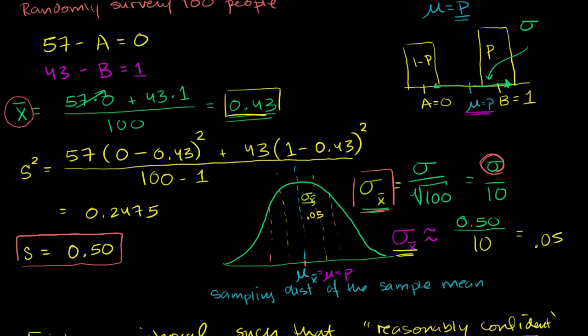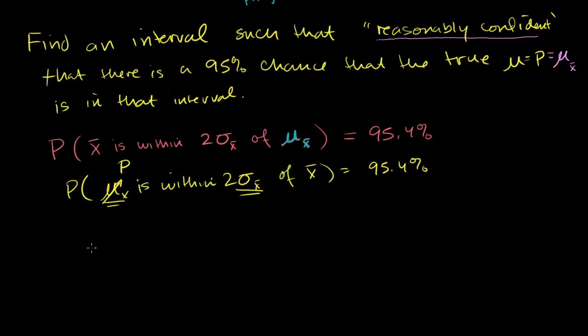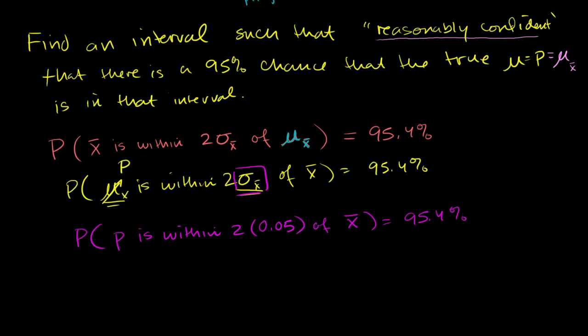So now we can say the probability that the parameter p, the proportion of the population saying 1, is within 2 times 0.05 of a sample mean that we take is 95.4%. So within 2 times 0.05, which is 0.10, of our mean.